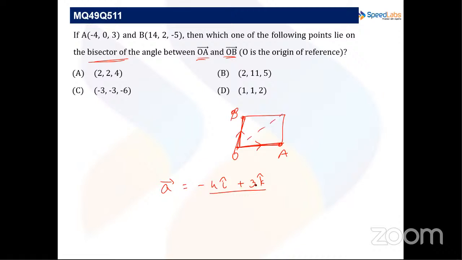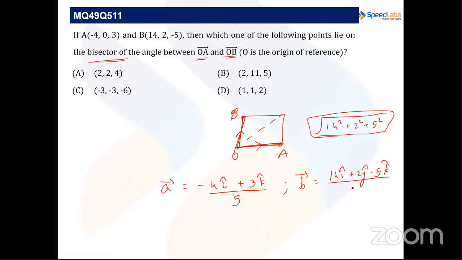The unit vector along OA will be this upon 5, and the unit vector along OB will be 14i cap plus 2j cap minus 5k cap divided by the root of 14 square plus 2 square plus 5 square, so that will be 15. So we have the vector A and vector B here.